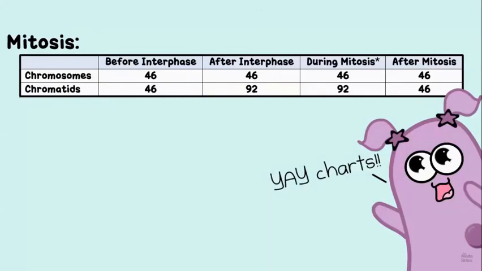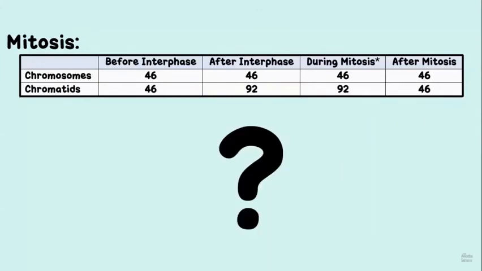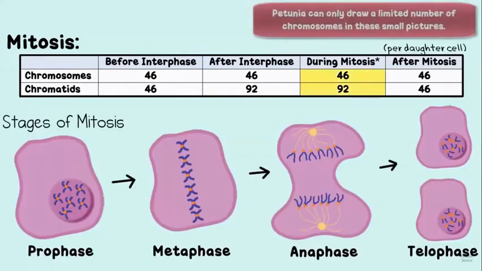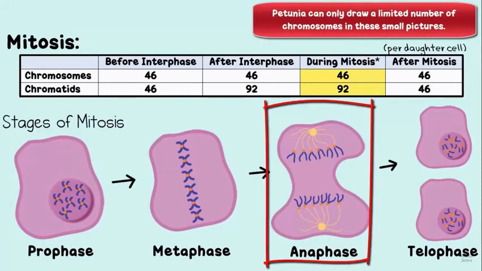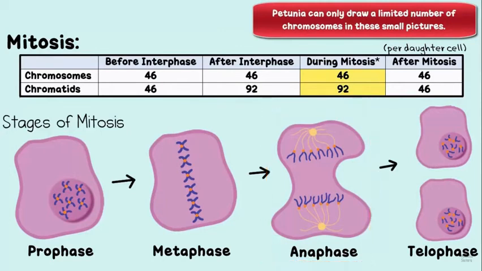Here's a little chart because I love charts. So is there a time in mitosis when there are 92 chromosomes? Well, technically, you could argue that in anaphase, when the sister chromatids are separating and they're no longer attached, you could see in this picture there could be 92 chromosomes because they're not attached during that one phase. And that's why our chart has a little asterisk here.